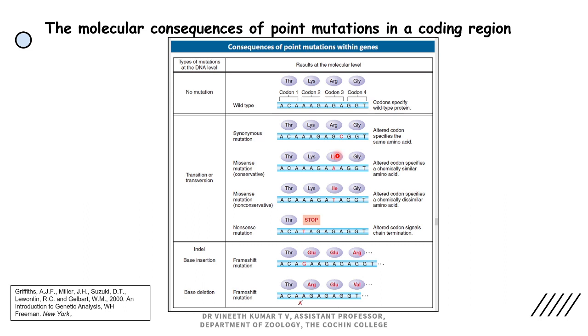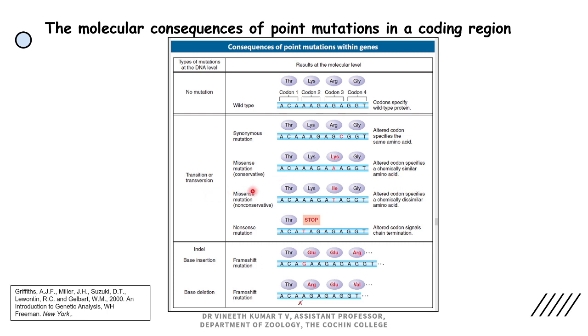The first one was a basic amino acid that is replaced by another basic amino acid, and that is why, even though the protein is different, its chemical nature is conserved. That is why it is called a conservative missense mutation. The altered codon specifies a chemically similar amino acid.